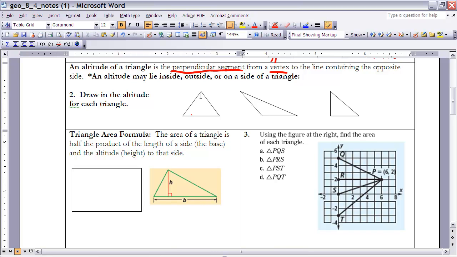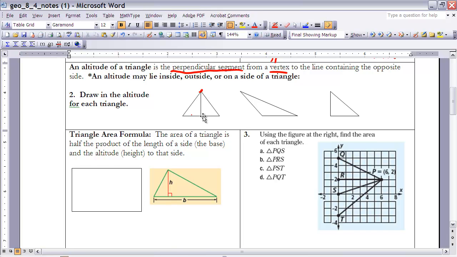If I look at this first one, if I pick this to be the vertex point that I want to work from, I'm going to draw a segment going from that vertex point perpendicular to the side right down here. Since that is going to be inside the triangle, we don't have to worry about extending the line at all. So I can draw in that line segment.